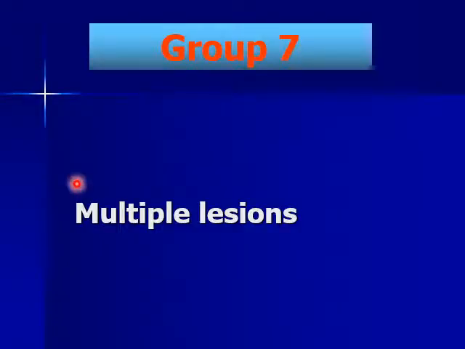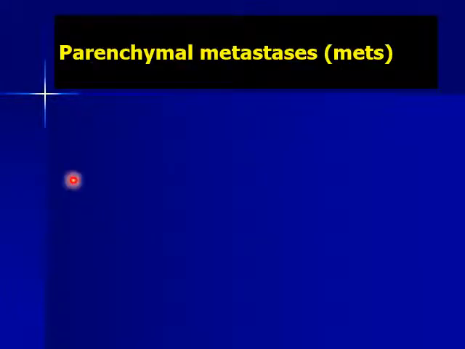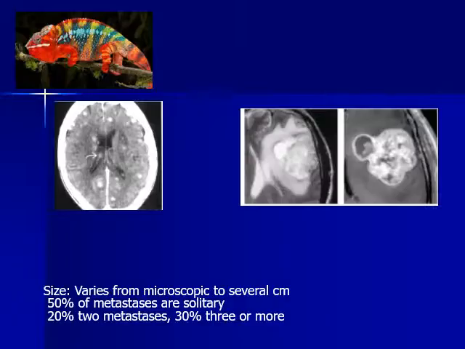Now, the group number 7, multiple lesions. This is the most common parenchymal metastasis. The parenchymal metastasis can present by all shapes, all locations, all colors, and actually it is the great simulator that you can put in the differential diagnosis list of many of the lesions.